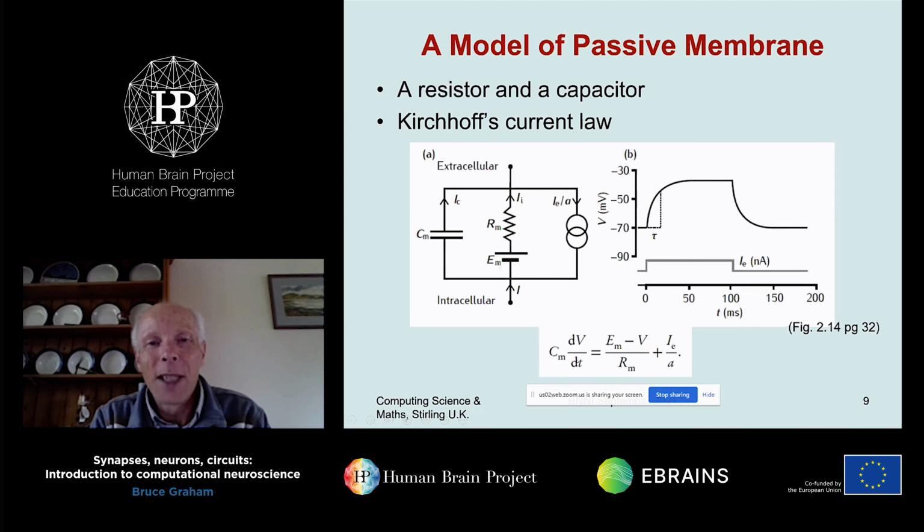So we have dV by dt as a function of capacitance and resistance and the battery and injected current. Further still, there are numerical methods for turning that into a set of equations which we can code up in any computer language and create simulations such as the ones that I've shown.